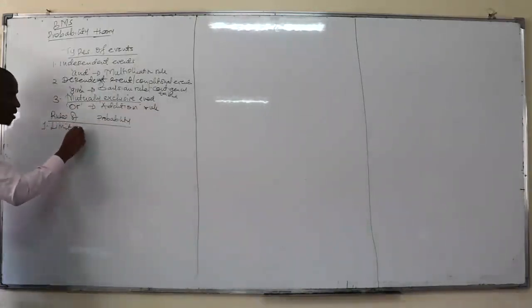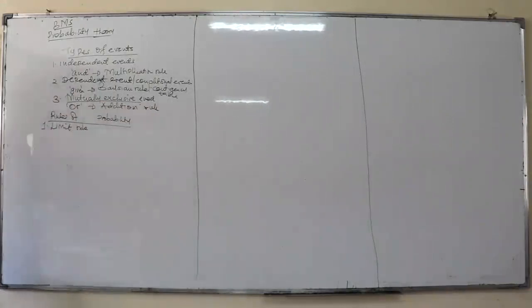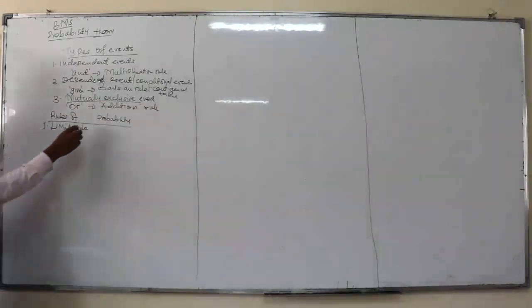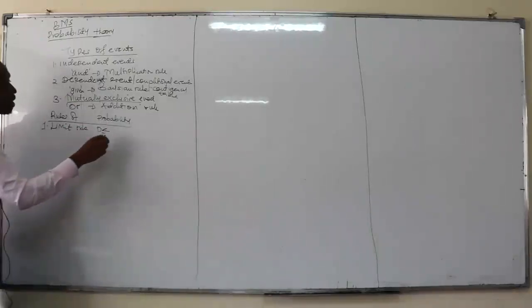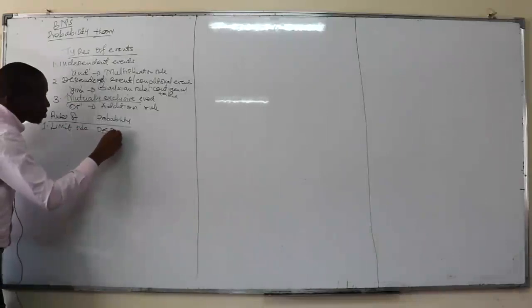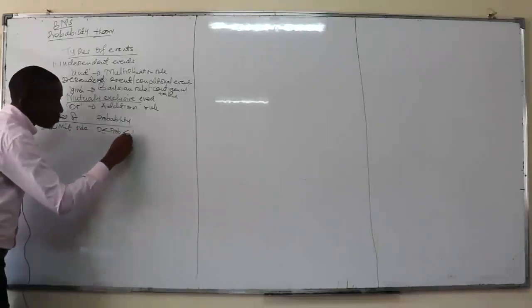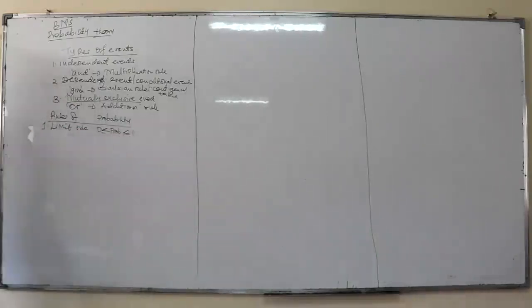When we talk about the limit rule, a probability is required not to be less than 0, and also should not be more than 1. That is the limit rule. Meaning it ranges from 0 to 1. That is the probability.